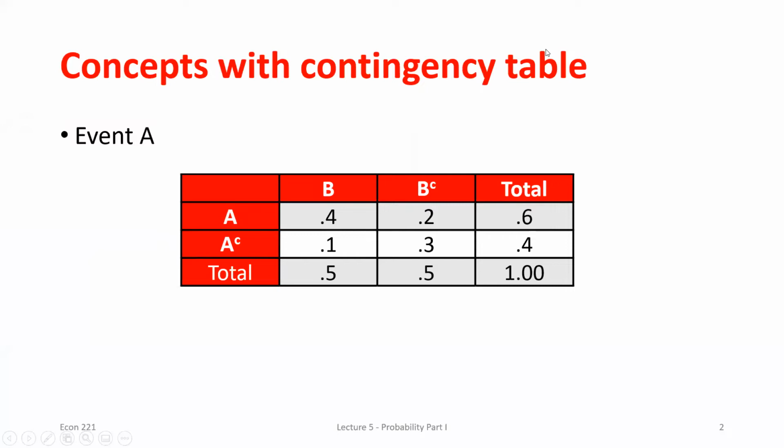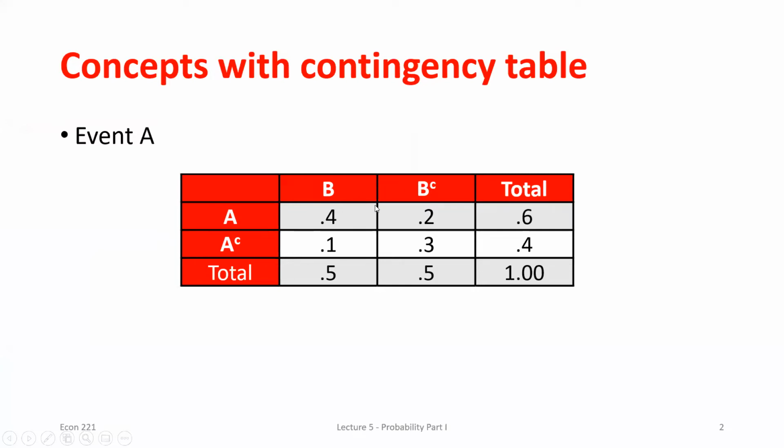Here we go. So we left off last class looking at these contingency tables. I said by the end of this week, we'll build our own, but for now we're given this contingency table. We know the probability of certain events, maybe the probability of their complements.